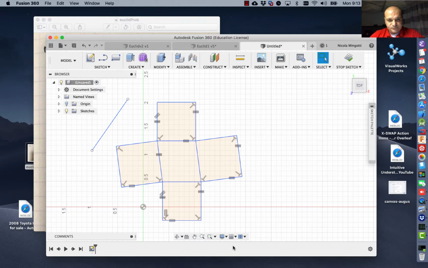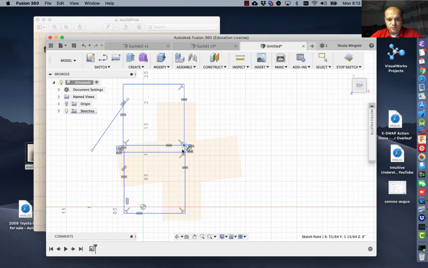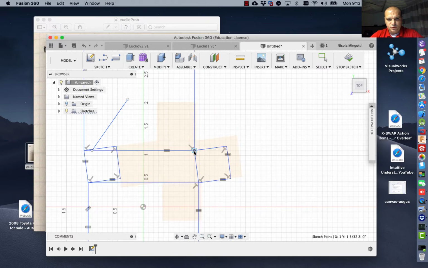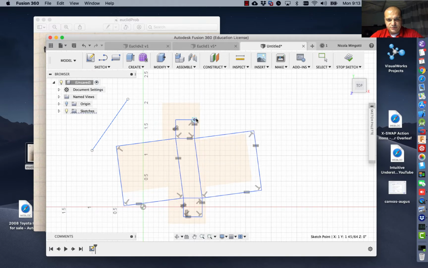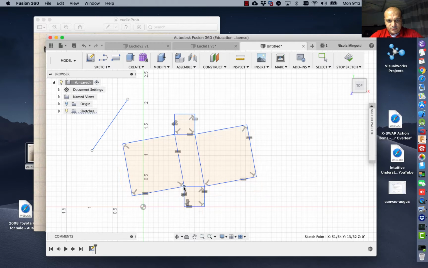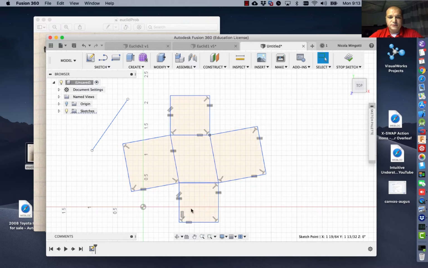Good. Let's try to move our figure and see a bit what happens. Let's shrink this. Okay, maybe bring this a bit upward. Maybe we may fix one constraint.